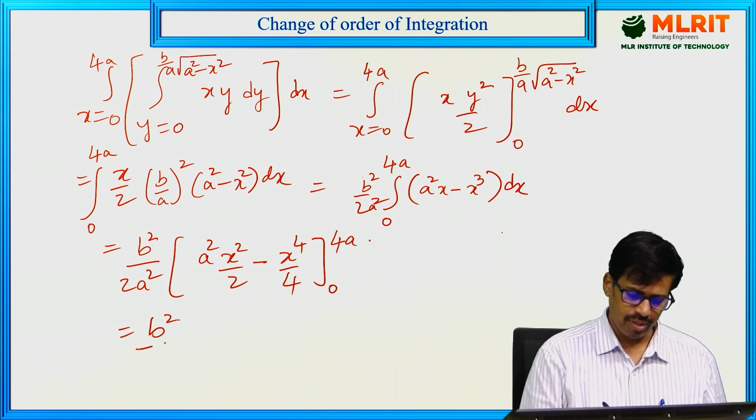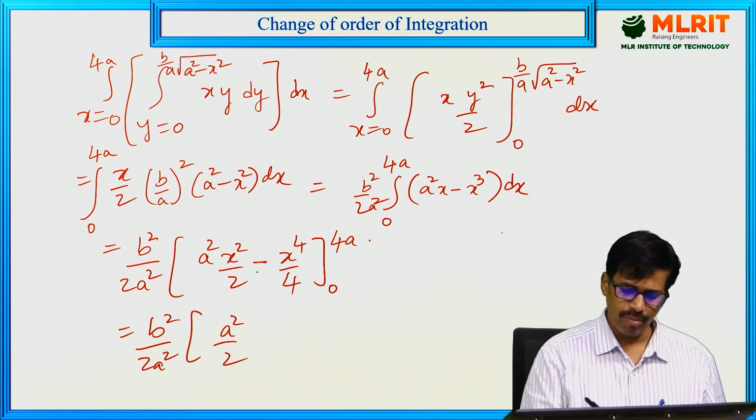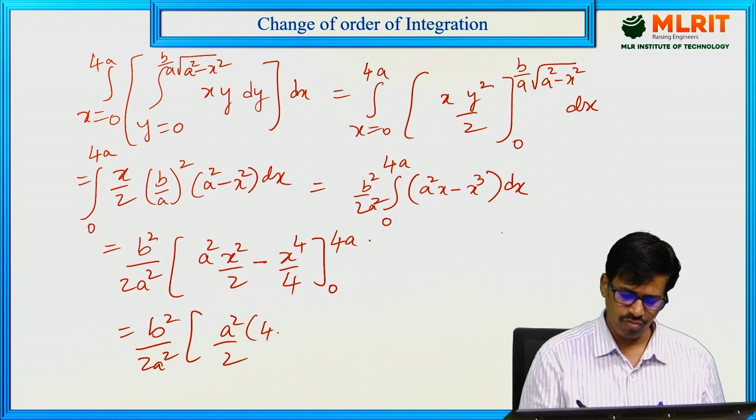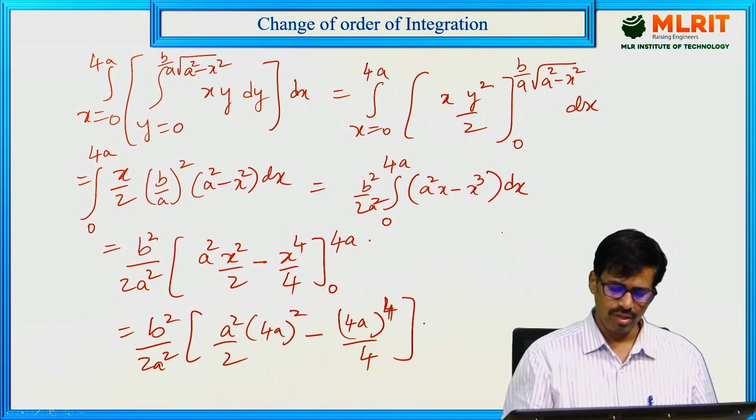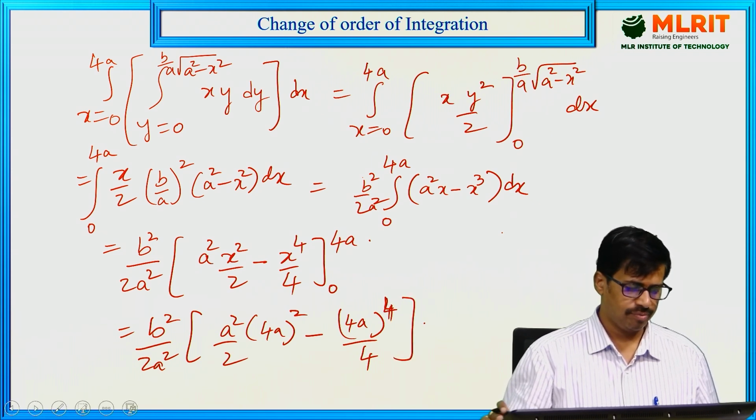So b square by 2a square into a square by 2, in place of x substitute the upper limit a, whole square, minus a whole power 4 by 4.